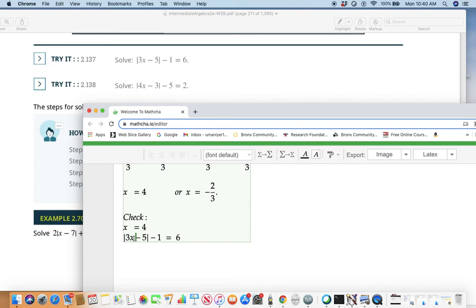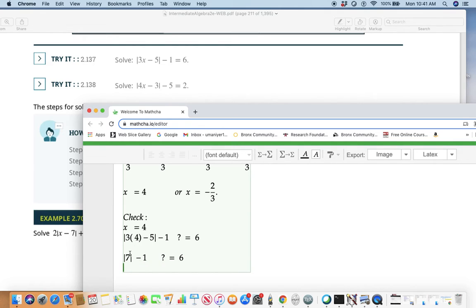Where we see x, place parentheses and then put in 4 inside. This is a check, so don't forget, this is a question mark. Absolute value 3 times 4 is 12. 12 minus 5 is 7. Question, is it equal to 6?